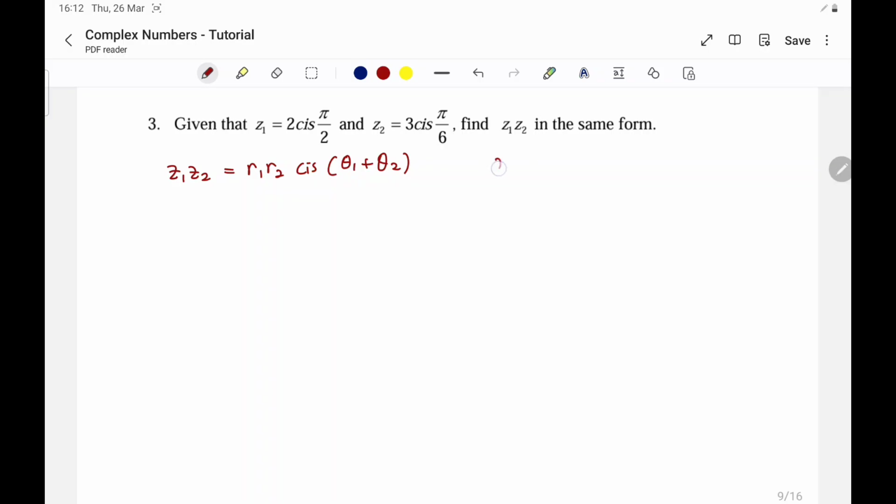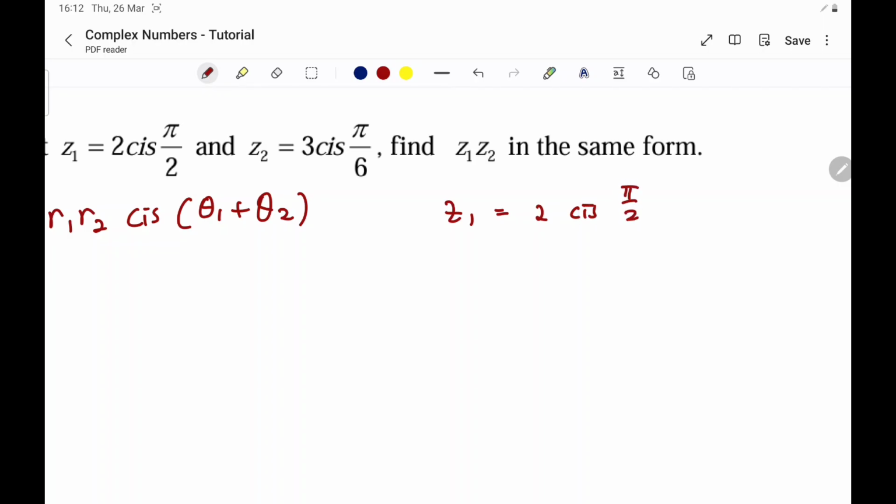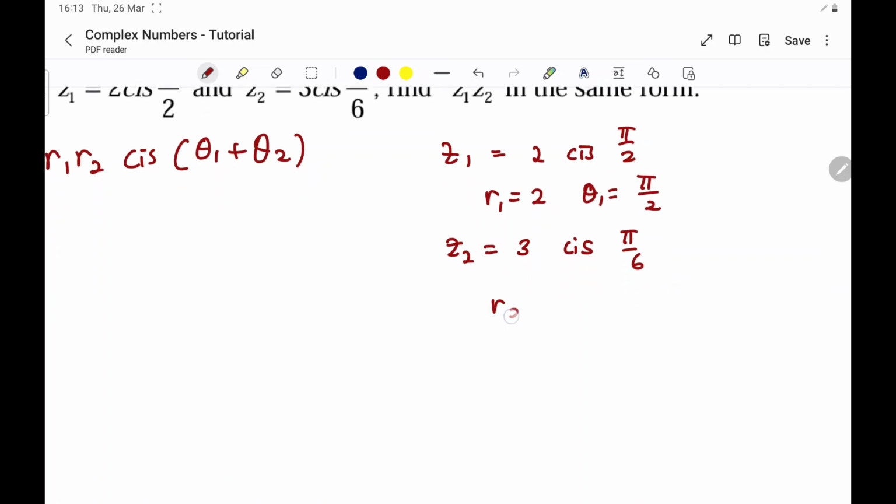So basically we have z1 is equal to 2 cis pi over 2. From here we get r1 is equal to 2, theta 1 is pi over 2. And from z2 we have 3 cis pi over 6, where we get r2 is equal to 3, theta 2 is equal to pi over 6.